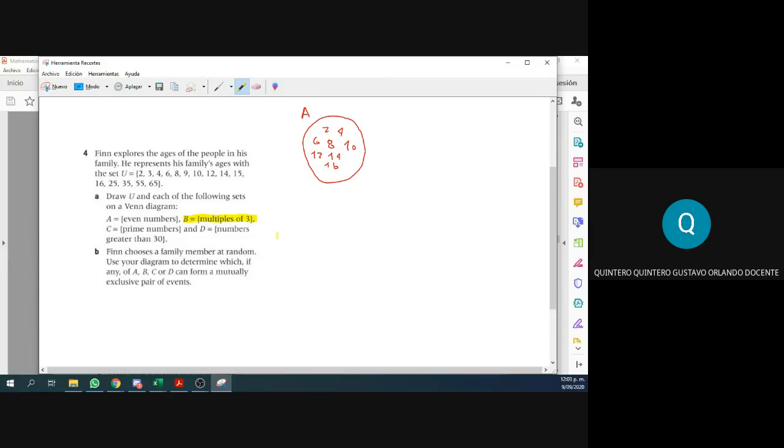B, multiples of 3. All right. So multiples of 3 again. A circle here for B, and I'm going to write down the multiples of 3. What are the multiples of 3? The results of multiplying 3 times something. That something has to be natural. So 3 times 1, 3 times 2, 3 times 3, 3 times 4, 3 times 5, 3 times 6, and so on. 3 is a multiple, 6 is another multiple, 9 is another multiple, 12, 15.